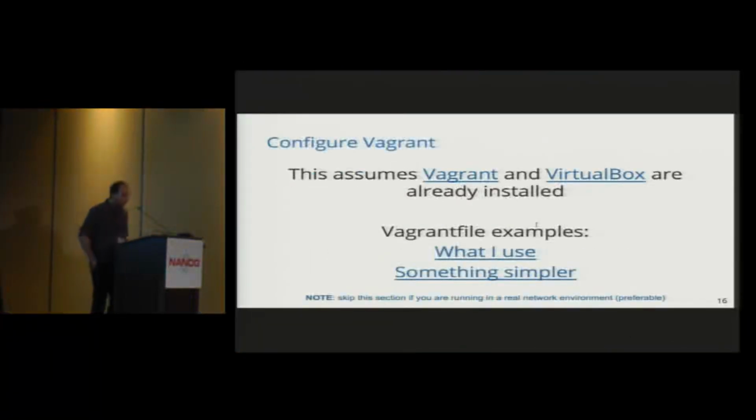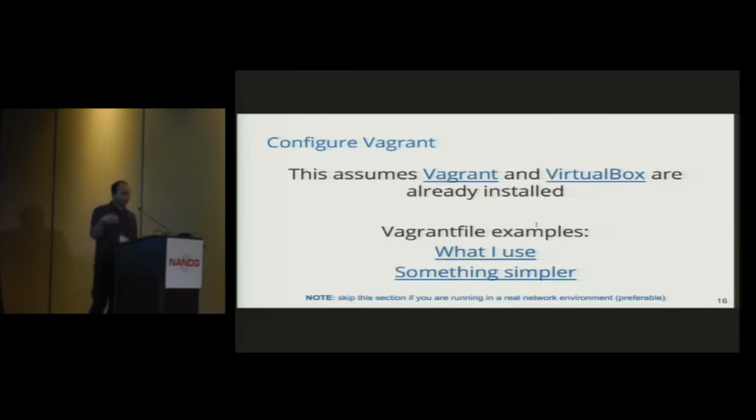Meanwhile, who wants to use Vagrant? Do we have any Vagrant users? Anyone? Okay. This assumes you have Vagrant and VirtualBox already installed. You need VirtualBox at most 5.0, otherwise Vagrant doesn't like it. And I have two examples of Vagrantfiles.